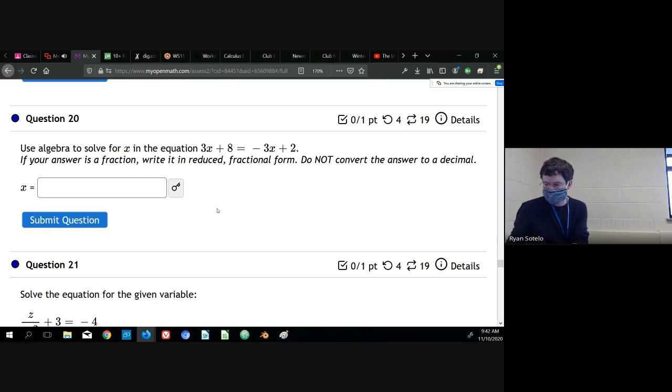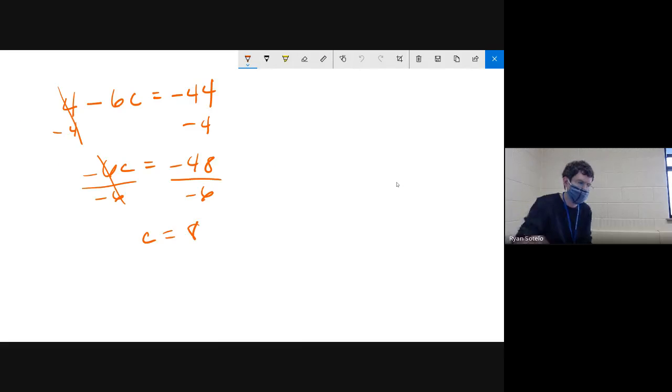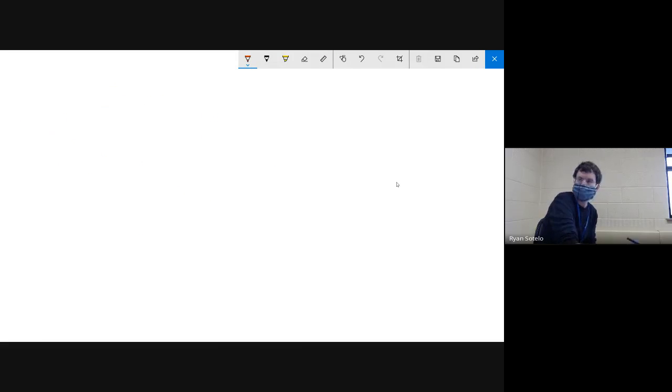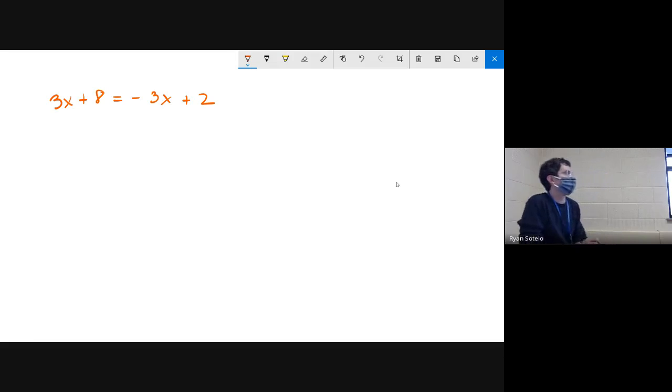I was going to do this one. I guess it's a 3-step. All right, so there it is. I'm going to have to combine like terms and isolate the variable to solve for it.